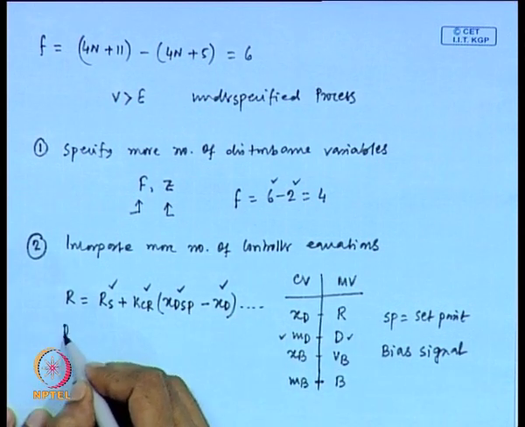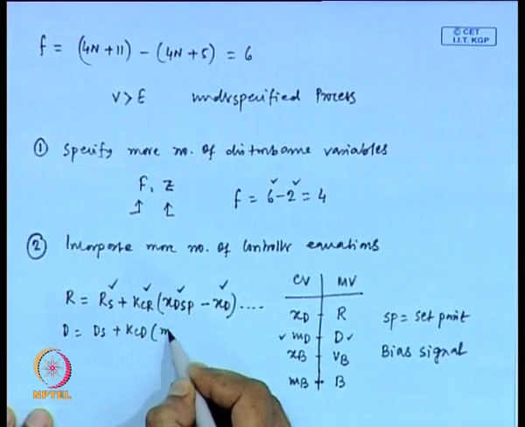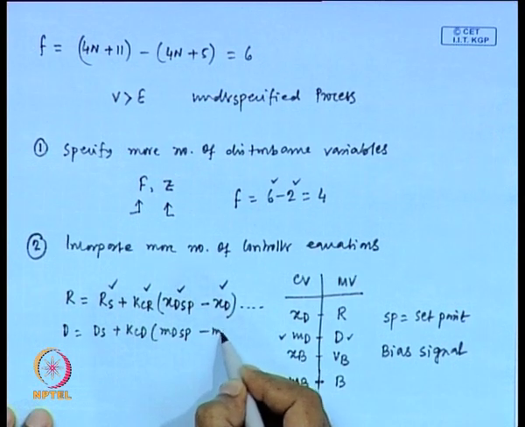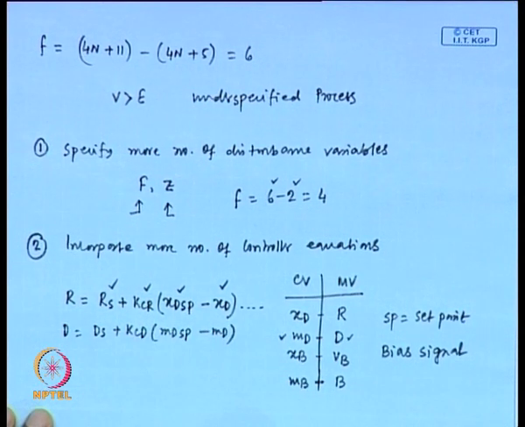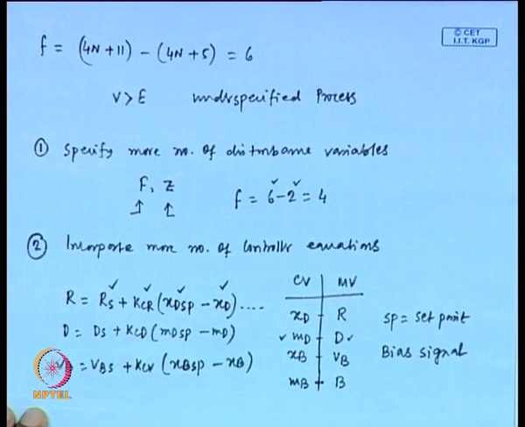Similarly, we can write D equals Ds plus Kcd times (MD set point minus MD). For Vb, we can write Vb equals Vbs plus Kcv times (xb set point minus xb), and the last equation is B equals Bs plus Kcb times (mb set point minus mb).